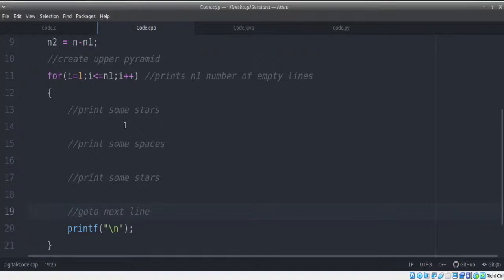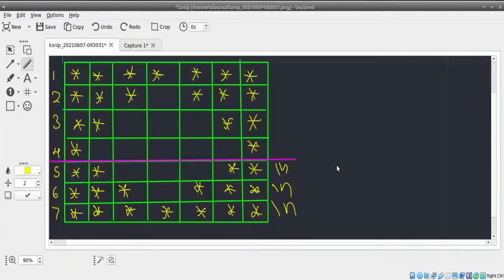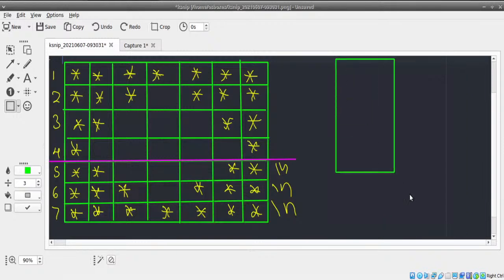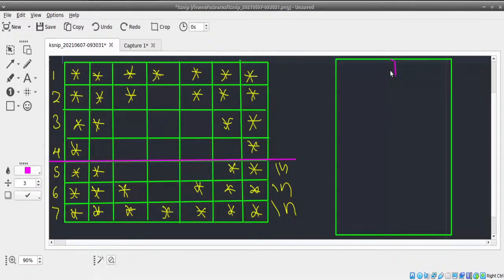This is the logic. So let's go for the first part, print some stars. Now, I'll give you guys a very easy logic. If you guys work through this logic, you can solve any pattern program. Generally, any pattern program can be easily solved through this logic. So let's give this a check.